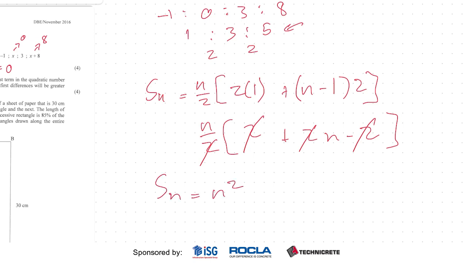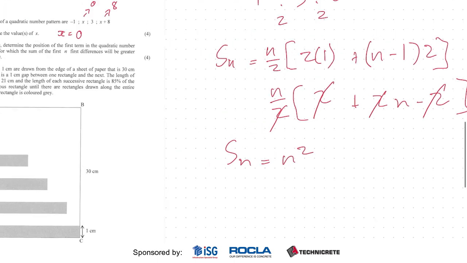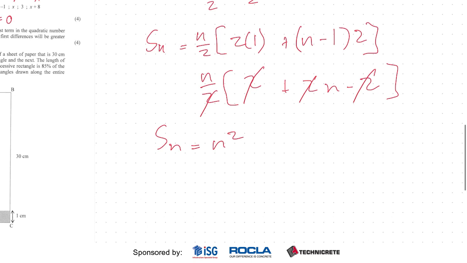We want to figure out what n would be, and they give us a limit. They say the sum of the first differences will be greater than 250. So we want n squared greater than 250.